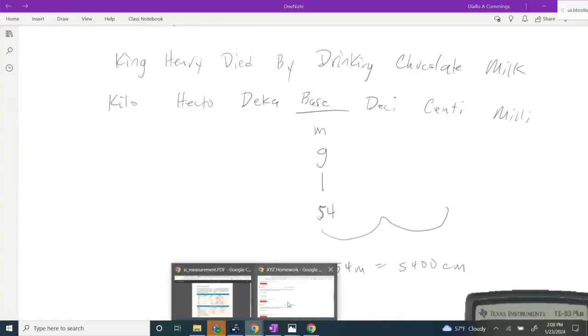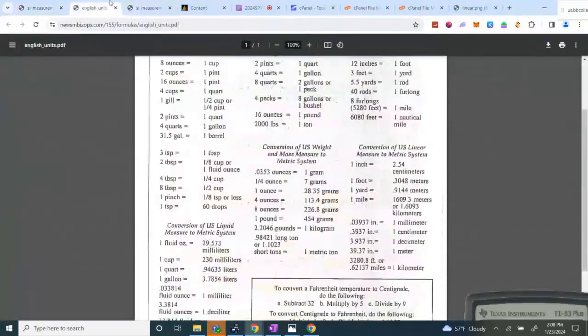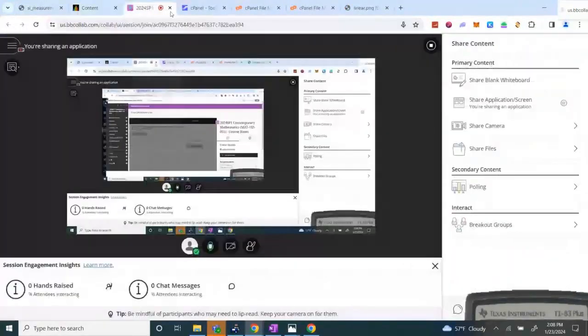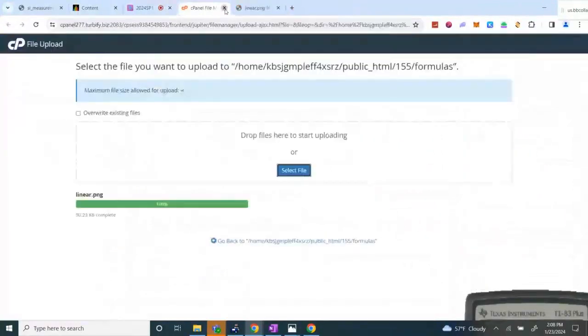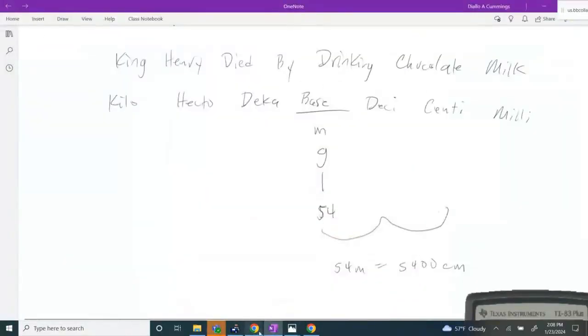For our problem, you converted, and it's not on our formula sheet, so we just look that up.